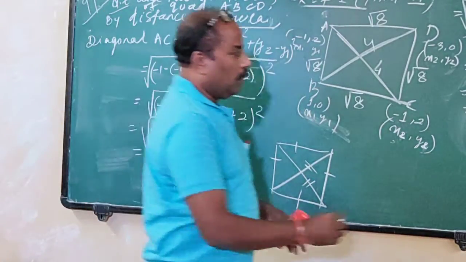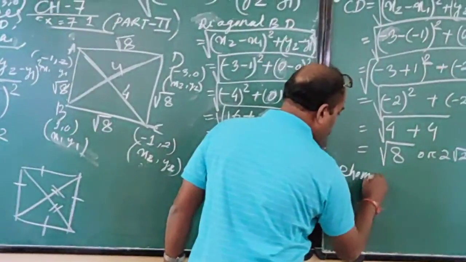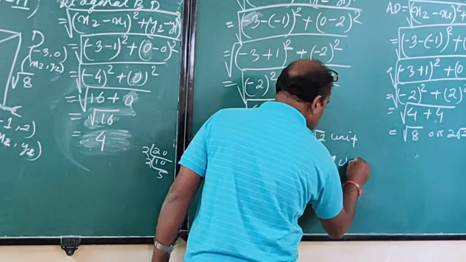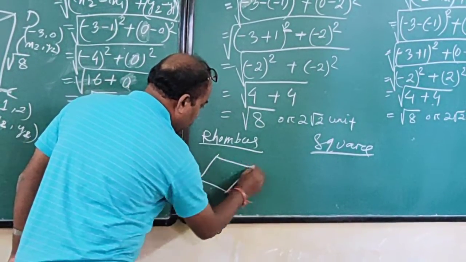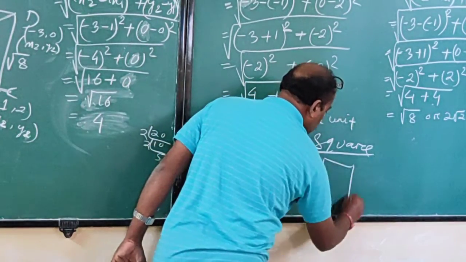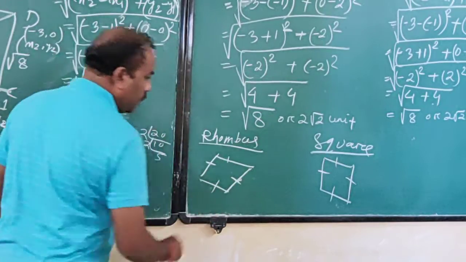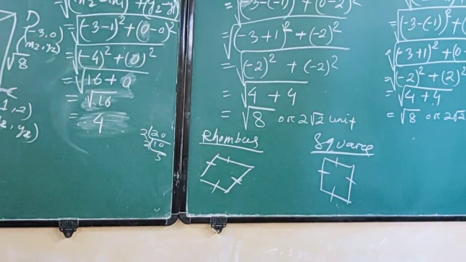You see, I am showing rhombus and square here because you can get confused. What is the difference? Rhombus is especially like that, and square is like that. Here all sides are equal and here all sides are equal. We are getting all sides equal, that is root 8.